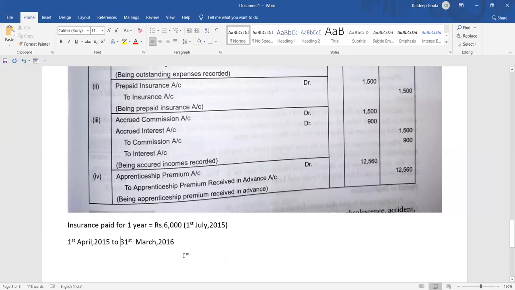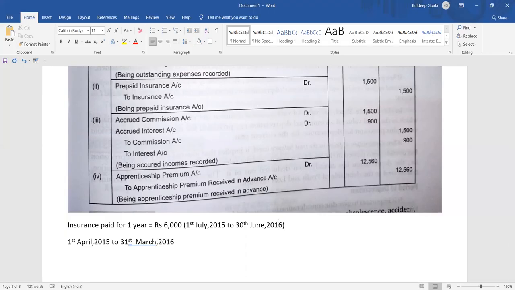So now what will happen here is that the insurance that was paid on 1st July 2015 will end on 30th June 2016, right? Now how many months extra is there?